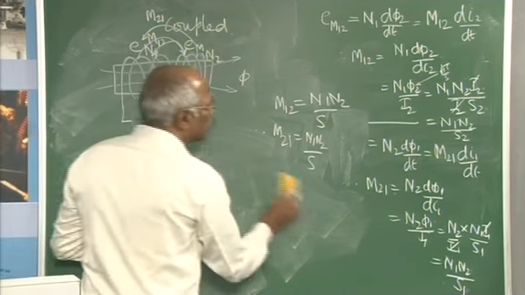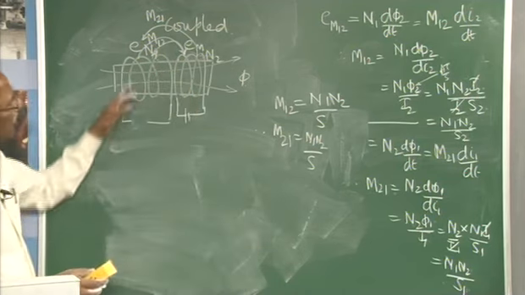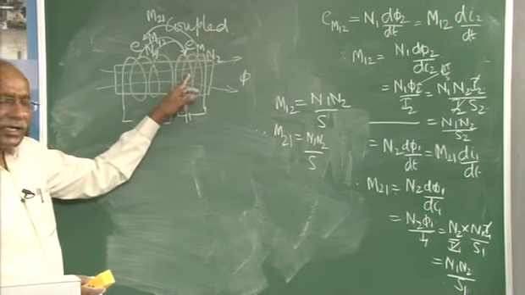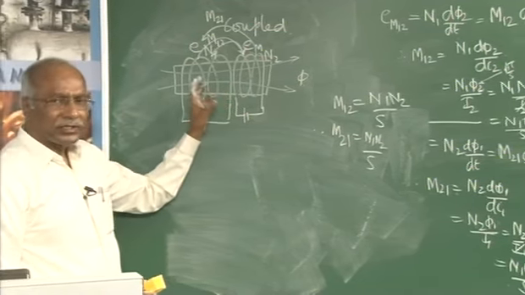So, in practice all the flux produced by the first coil may not link with the second coil. In that case, what is that?